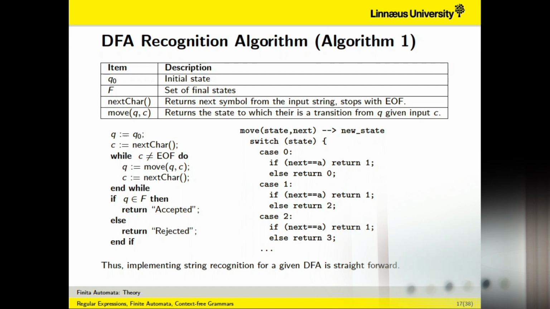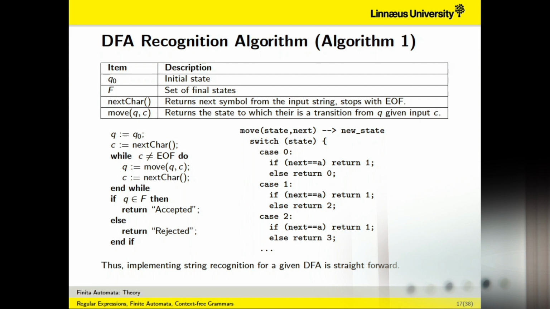Then we call this function move. Q is the initial state and C is the first character, and it should return the next state. We should do it until we are done with all the characters.